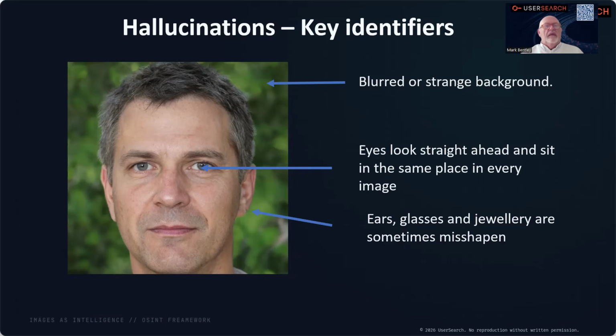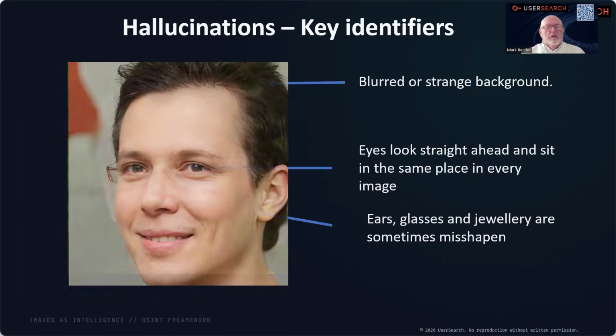We've got the blurred background, the eyes in the same position, looking ahead or slightly off looking at a corner of the picture, and jewelry. So if we have a look at this one, then have a look at the next one. The eyes are in the same place. If you go to This Person Does Not Exist and keep clicking, refresh, refresh, refresh, refresh, the eyes don't move.